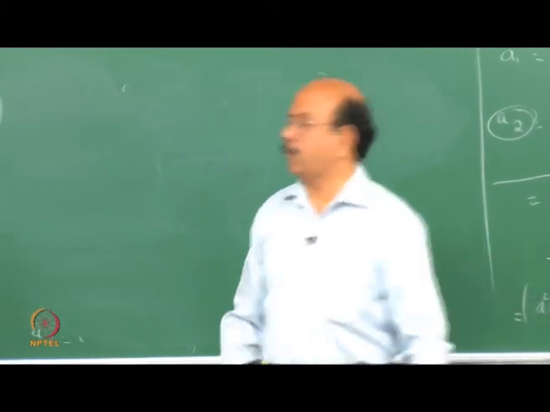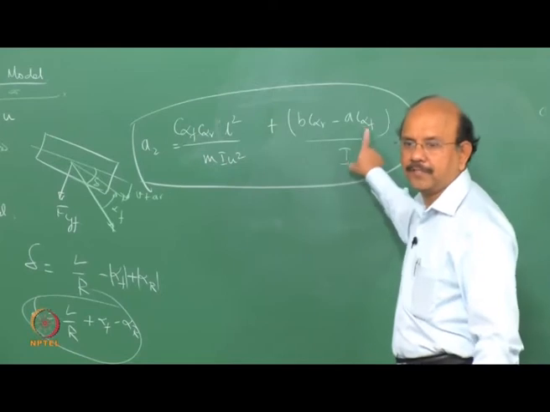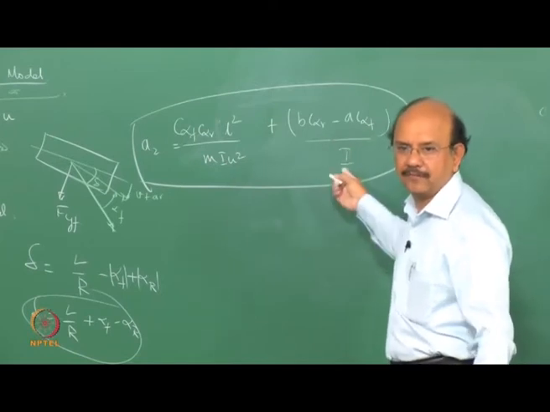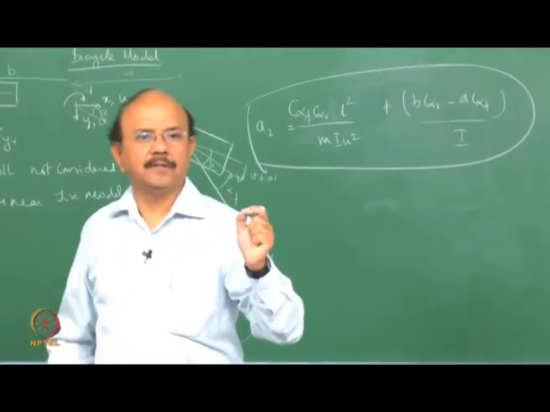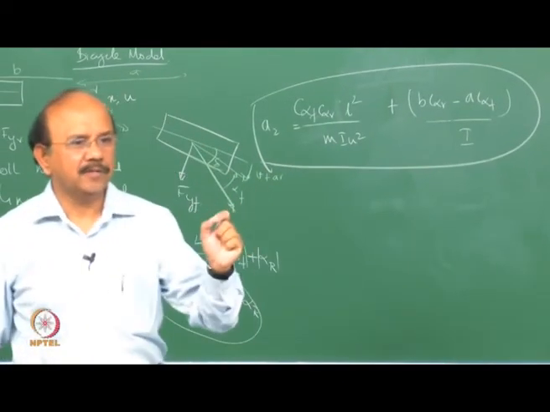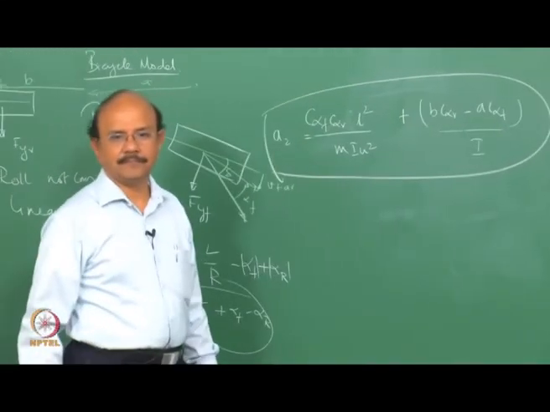So when A C alpha F is greater than B C alpha R, obviously this is going to be negative. So the only possibility of the terms becoming negative is dictated by this term here.